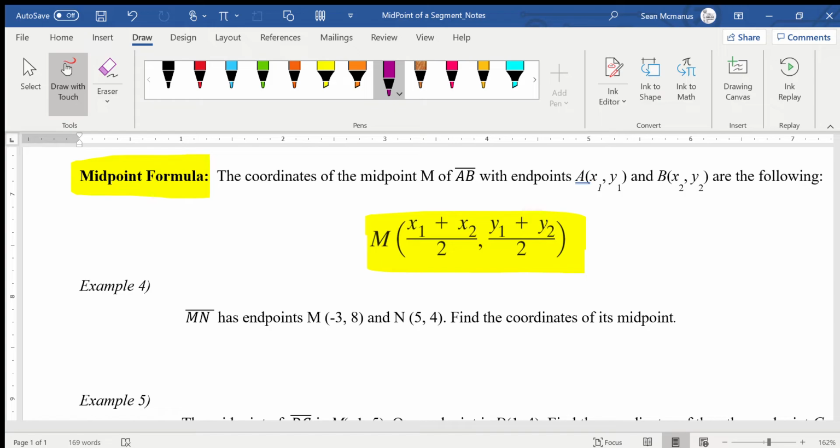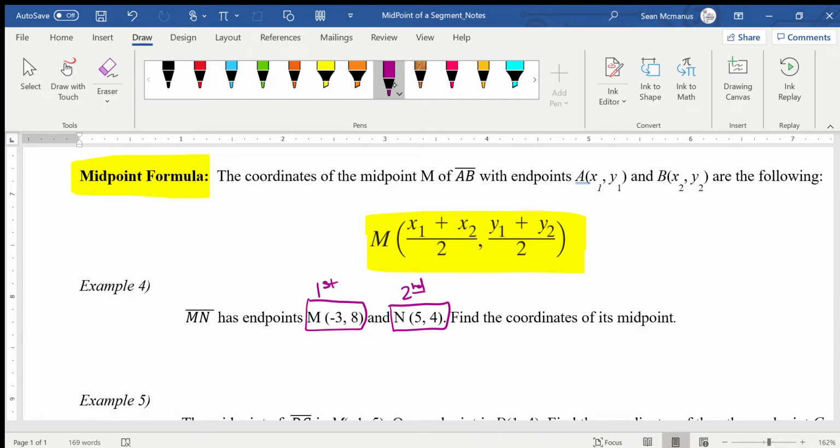So MN has M at -3, 8. Right, so there's one of our points, and the other endpoint N is at 5, 4. So it doesn't matter which one you call first and second. This M came first, so we'll call this the first point, and we'll call this the second point.